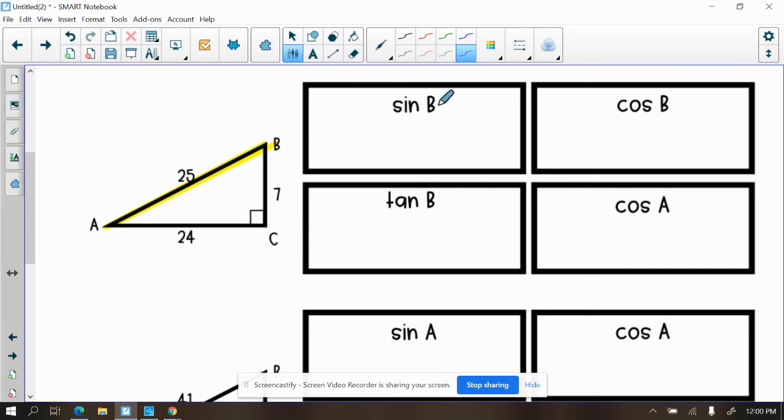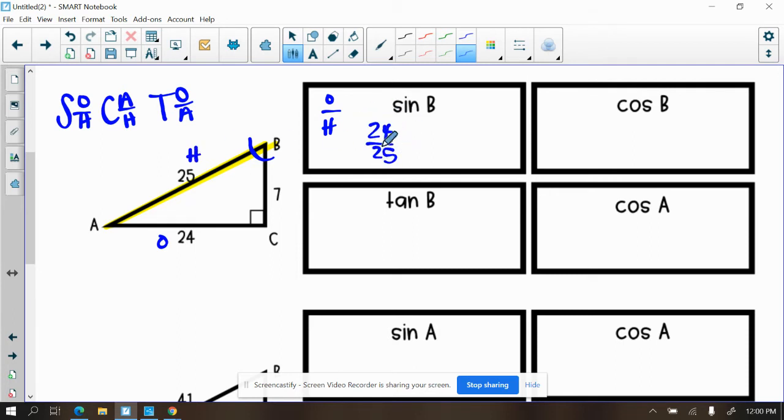Then let's look at sine of B. So now we're looking at angle B. Sine is opposite over hypotenuse. So 24 over 25.